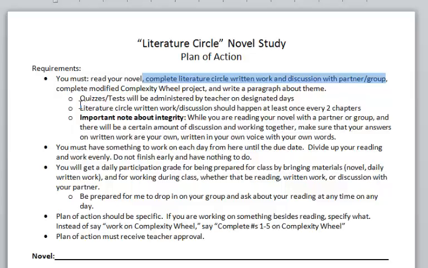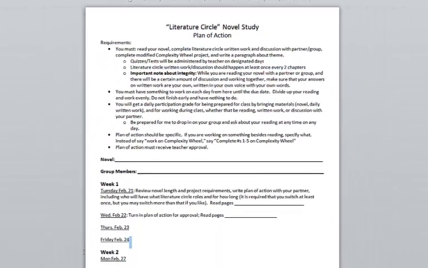You will notice down here that I've said that your literature circle needs to happen at least once every 2 chapters. Okay, so again, that's going to be your responsibility. I will double check it when I look at your plan of action, but it'll be your responsibility to calculate how many pages you're reading each day, and then say, okay, we'll be done with chapter 2 here on Friday, so we need to include our literature discussion.